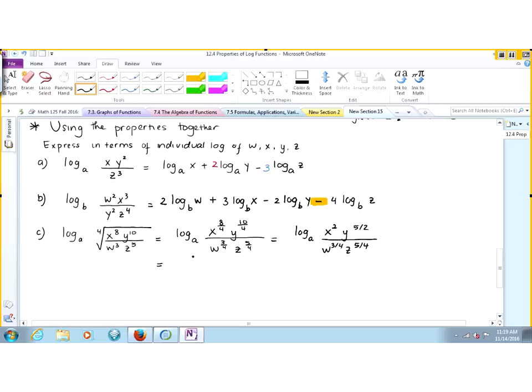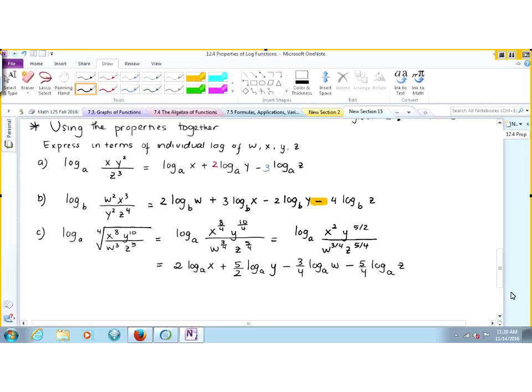All right. Now, let's separate the log. So how do we separate it? 2 times log base A of x, then plus 5 over 2 times log base A of y, then minus 3 over 4 times log base A of w minus 5 over 4 times log base A of z.